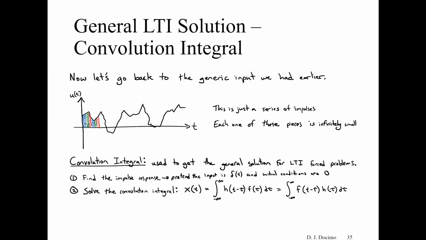Or in other words, you can reverse those and you could have f of t minus tau and h of tau instead. Now, h is our impulse response. f is the actual input that we have for our system. So u, for example, in this case.